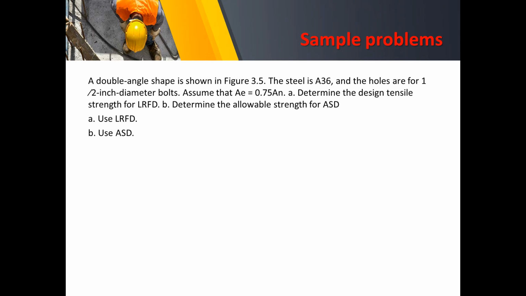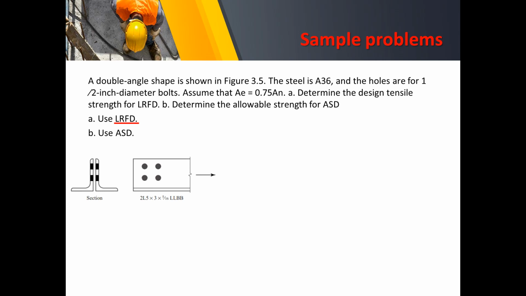We assume that your effective net area is equal to 75% of the computed net area. So using LRFD, by the way, we will determine here the design tensile strength, and determine the allowable strength for ASD.